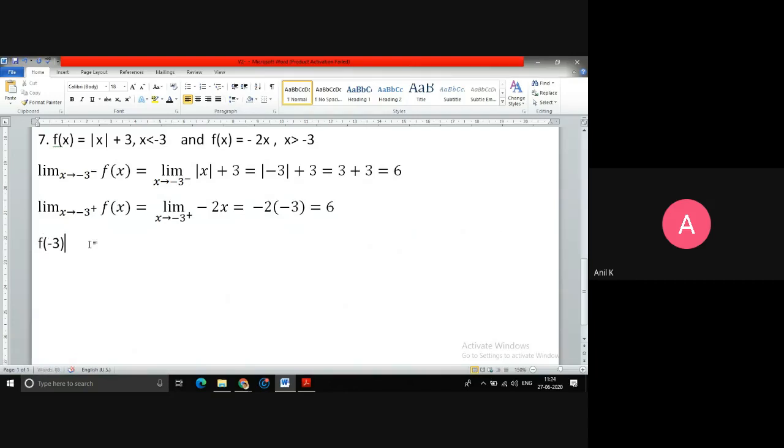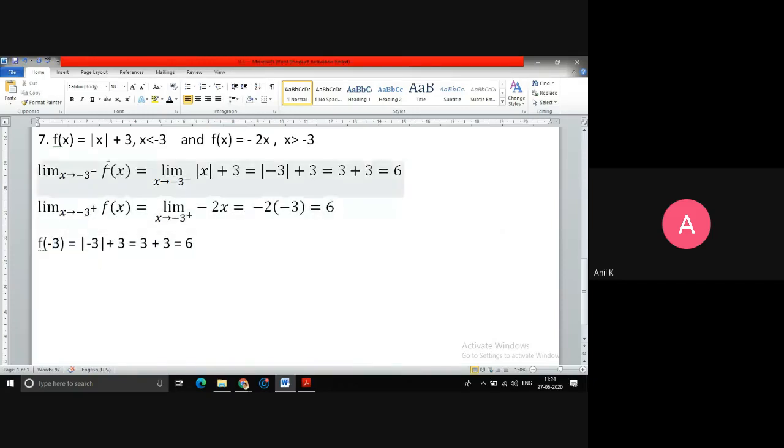F of minus 3 equals to mod of minus 3, then plus 3, which is equal to mod of minus 3 is 3, plus 3, which is equal to 6. I hope by this example you understand what you mean by left limit, right limit, and functional value.